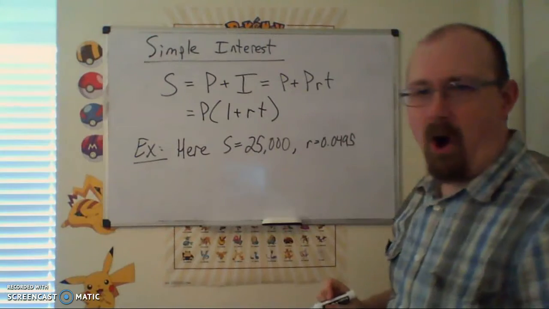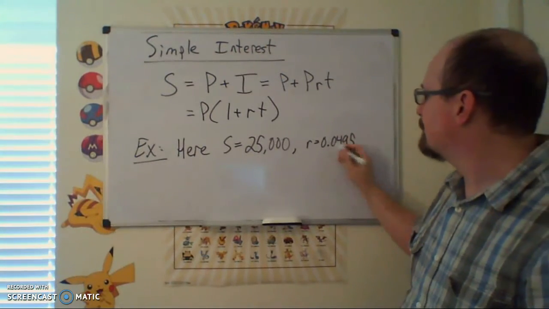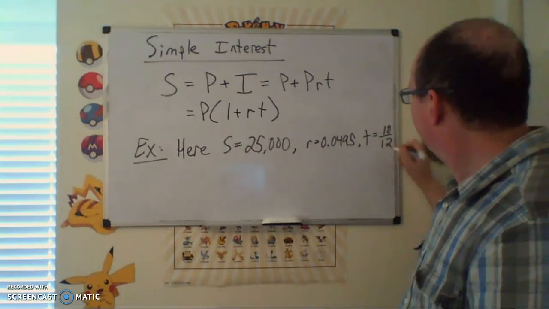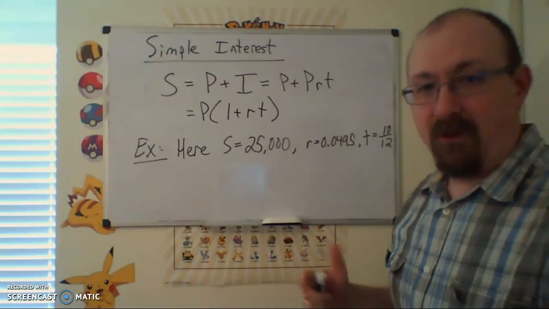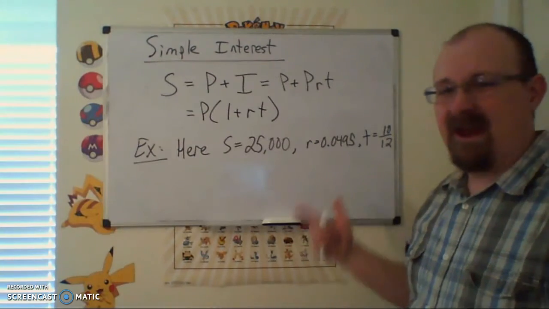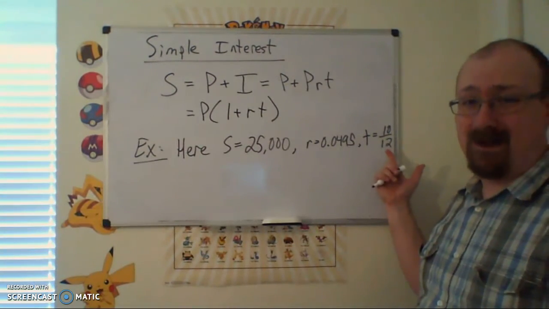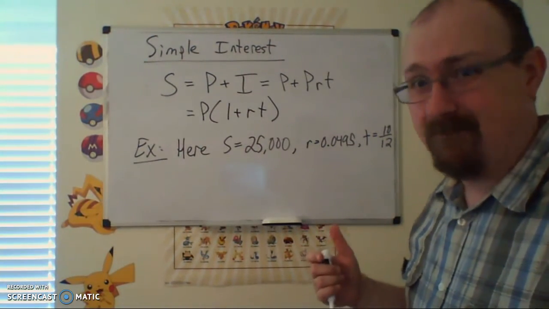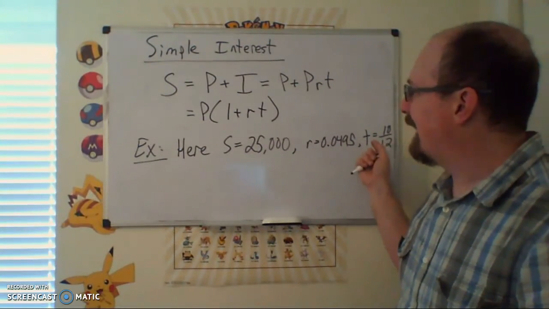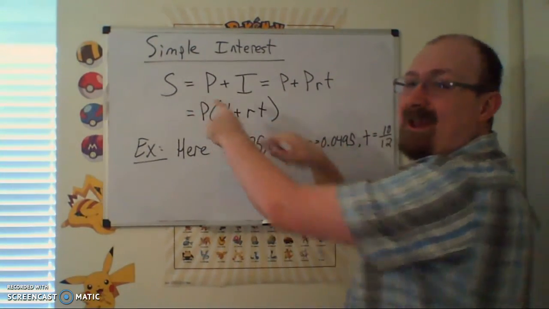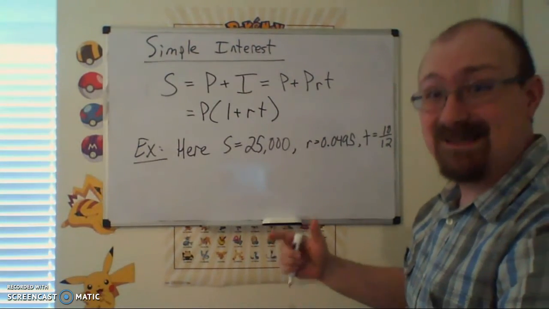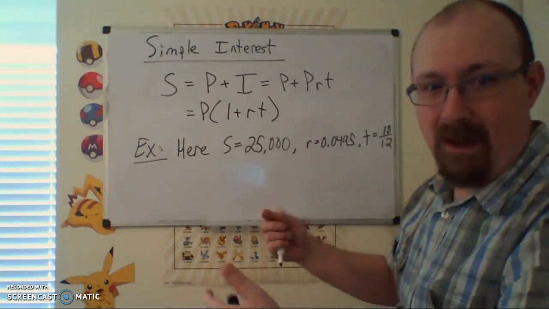So we have this kind of awkward 4.95% interest rate, and the time frame was 10 months, so it was a fraction of years. It would be 10/12. Be careful if you make this a decimal here. Don't round too aggressively because that decimal isn't going to terminate for you. So we've got S, we've got R, we've got T. If we use this formula right here, we can plug in all the relevant values and then isolate the principal because that's the amount we've got to put away.